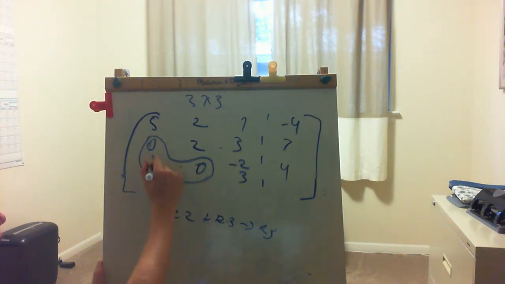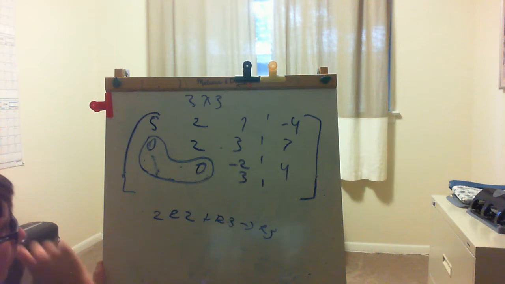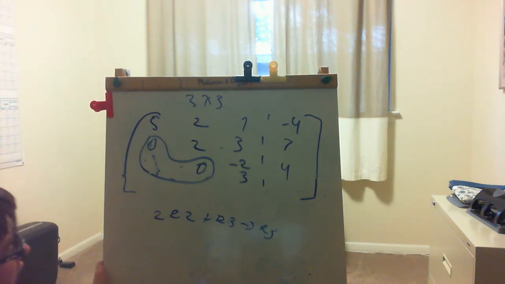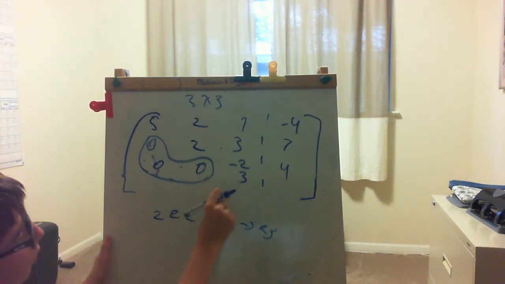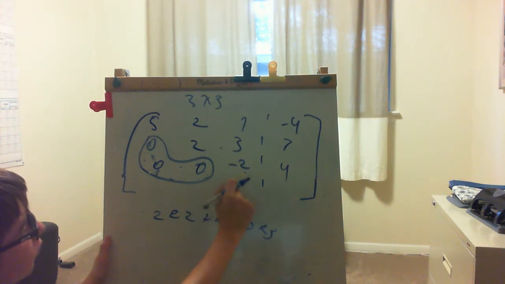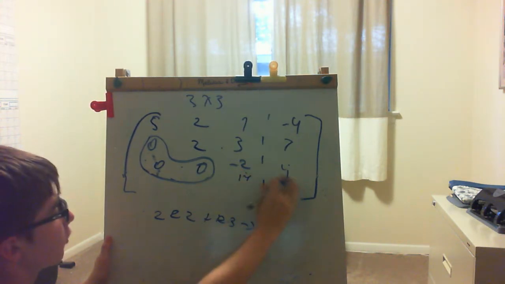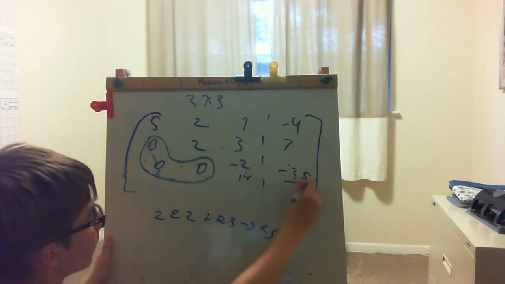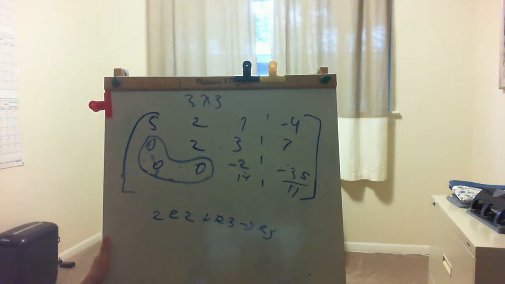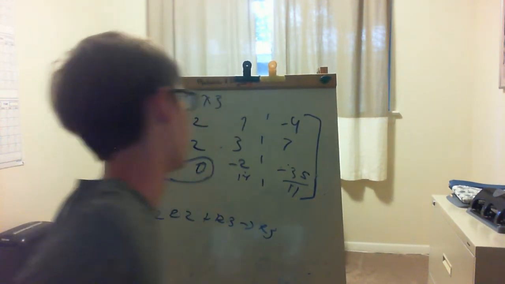Although it obviously wouldn't, an example would be changing it to 0, 0, say this changes to 14, and this changes to negative 35 elevenths. This is possible, by the way. You can get very weird numbers, so I'm just trying to show you what could actually happen.